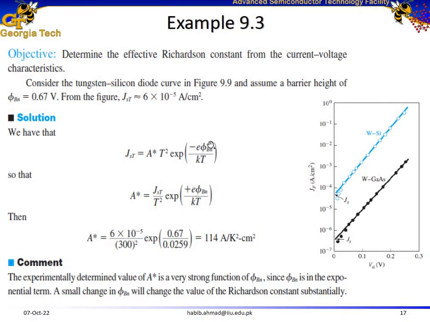Over here we have the Schottky barrier height, Boltzmann constant, and temperature. Reorder the equation, and from this equation we can easily calculate the effective Richardson constant. It comes out to be 114 amps per Kelvin square per centimeter square. One thing to notice is that the effective Richardson constant is a strong function of the Schottky barrier height. With an increase in barrier height, the effective Richardson constant is going to increase exponentially.